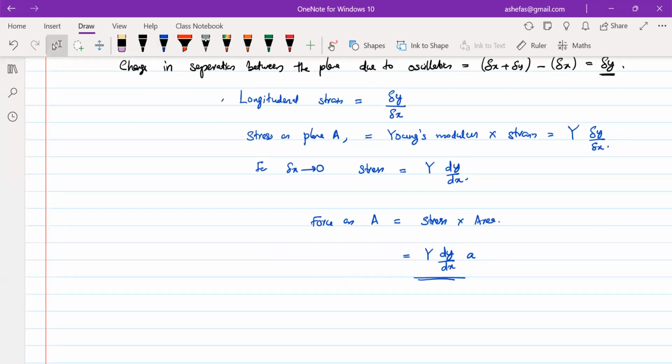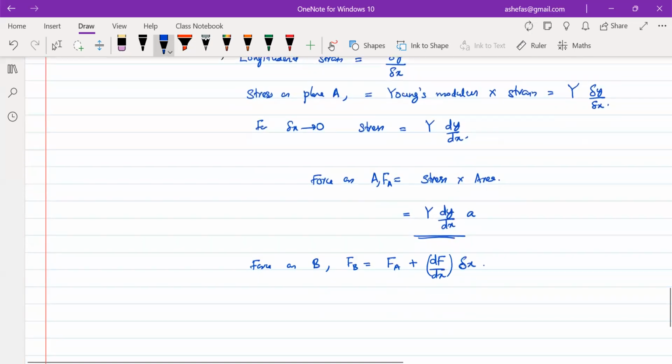Then what would be the force on B? The force on B would be the force on A, which we can represent by the symbol FA, so FB equals the force on A plus dF by dx times delta x.